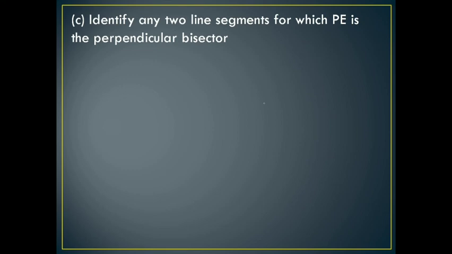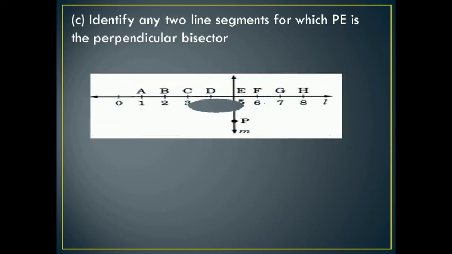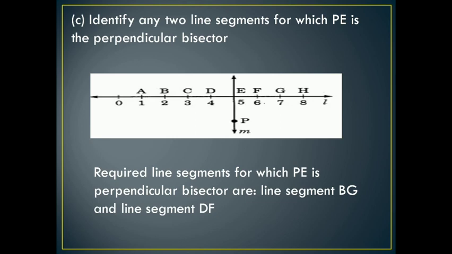Identify any 2 line segments for which PE is the perpendicular bisector. Okay, this is the diagram. Required line segments for which PE is the perpendicular bisector are line segment BG and line segment DF. So where is the PE? This is the PE. And for the perpendicular bisector, we will write here BG and DF.